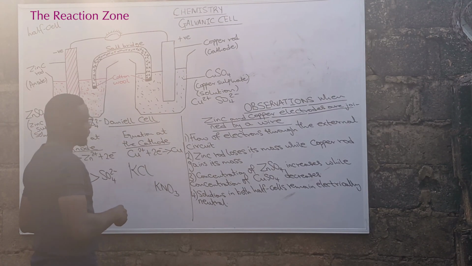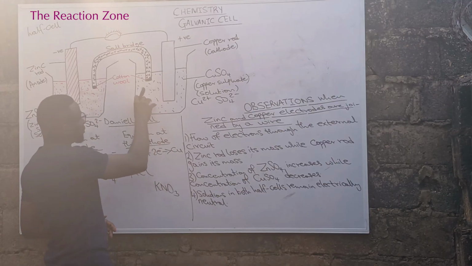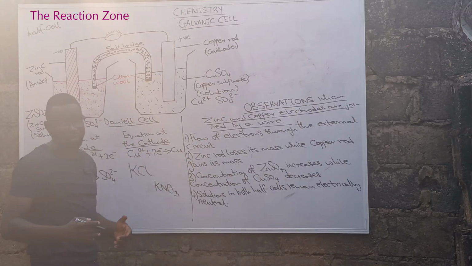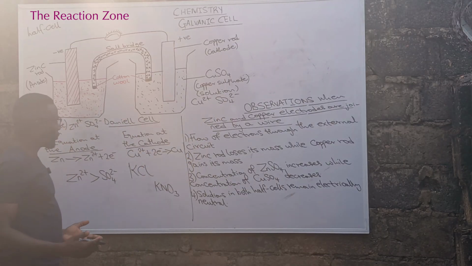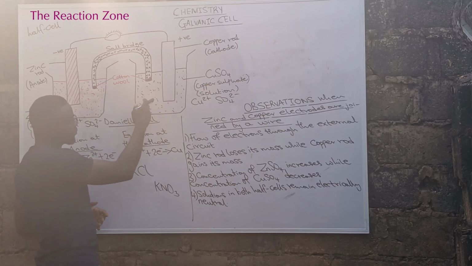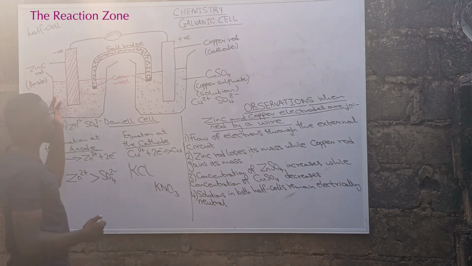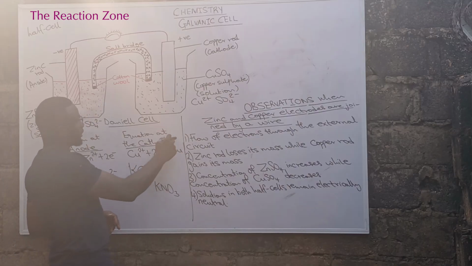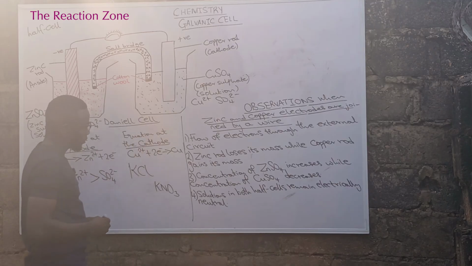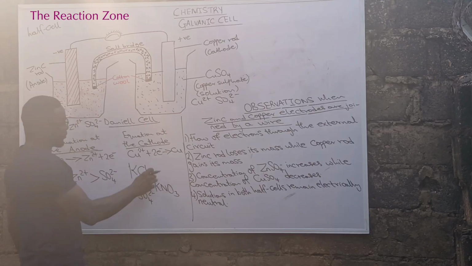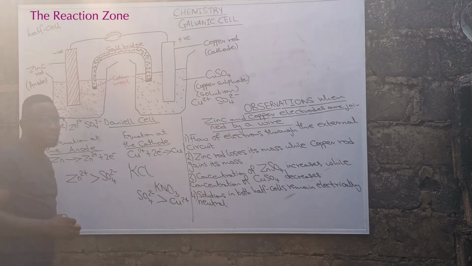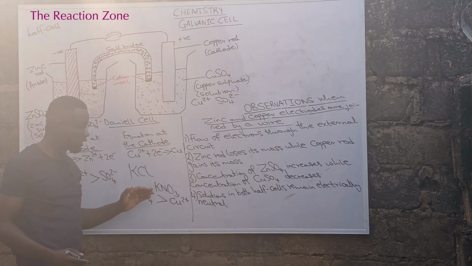In the copper half cell, we know that the solution here is copper sulfate, and it comprises copper 2 ions and sulfate ions. We also know that in this half cell, the copper 2 ions accept electrons coming from the zinc half cell to form copper atoms, which are deposited on the copper rod. So as a result of that, there will be more sulfate ions in this solution than copper 2 ions, which tends to make the solution become negative.